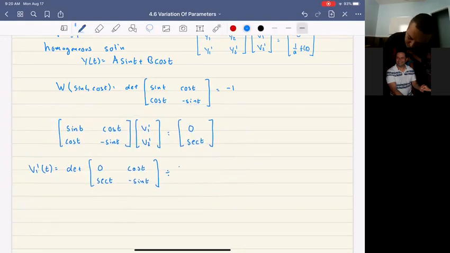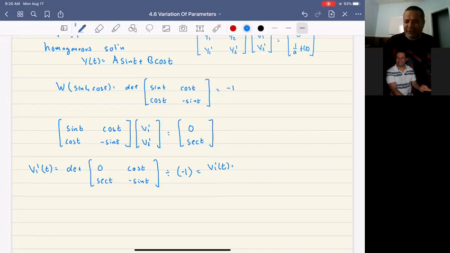So that means that v1 prime of t is going to be, now here, what are we taking the determinant of? Well, 0 here, and then cosine t times secant of t is just 1.